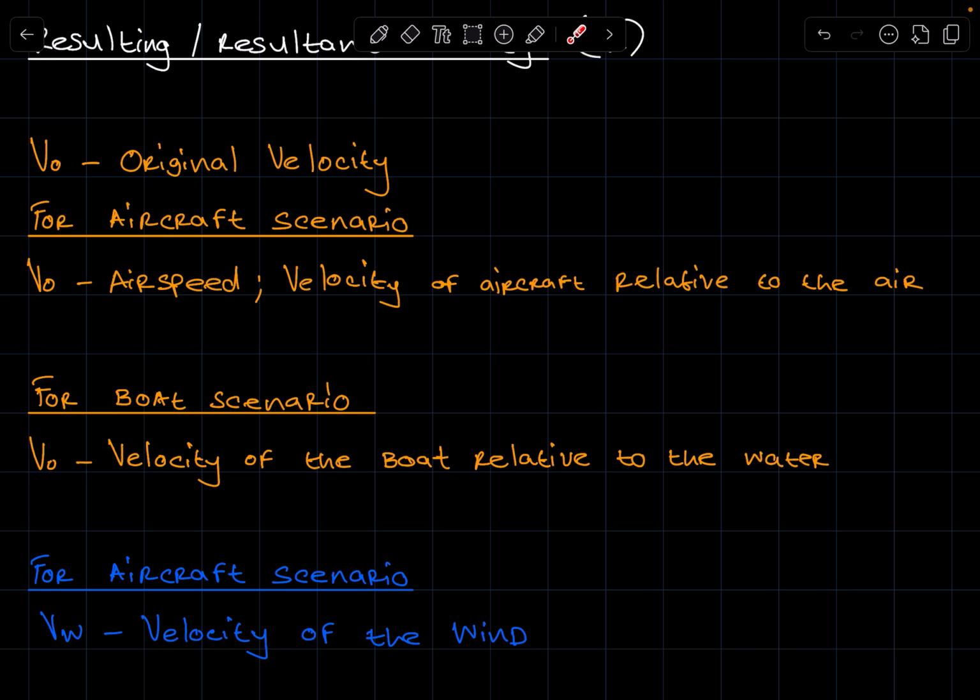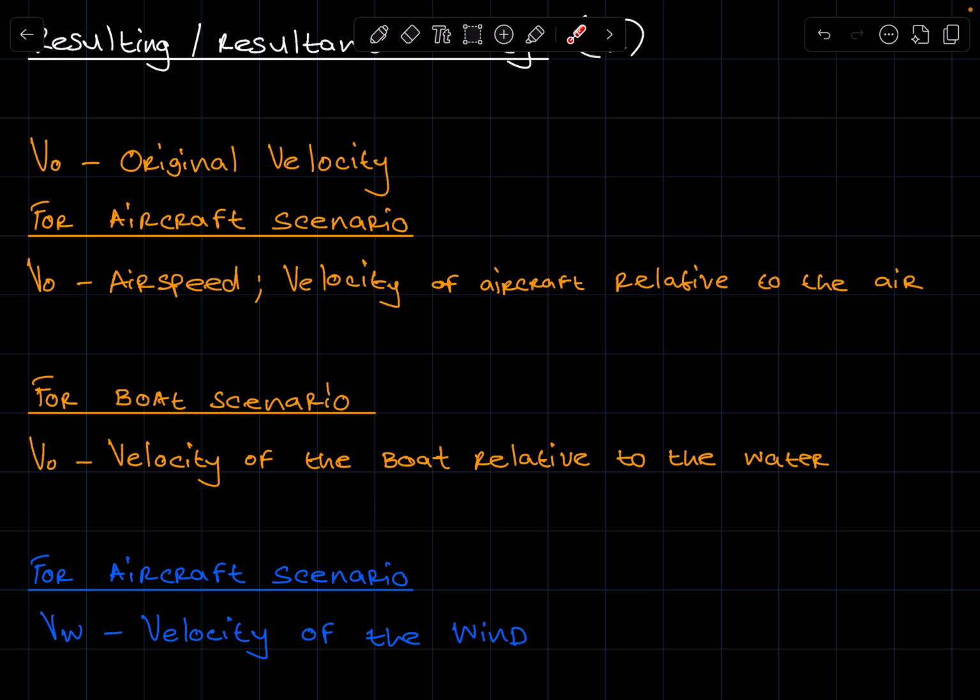So if they haven't necessarily called it VO, but you are given a velocity of the aircraft relative to the air, then you take that velocity as your VO. As long as they've made a relation to the air for that velocity, you take it as VO.